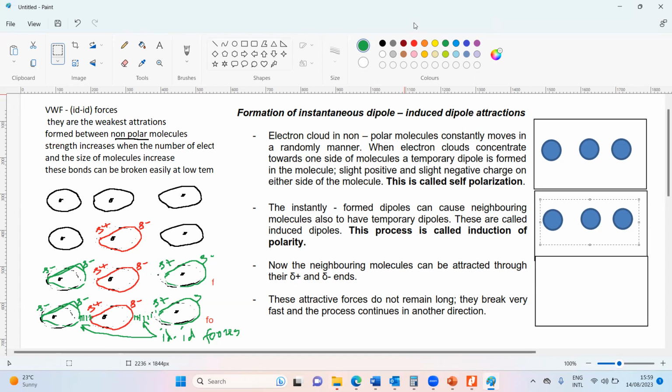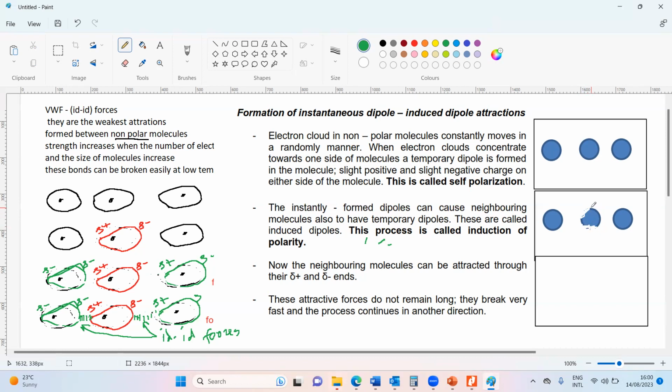The first diagram shows the particles coming closer. In the second one, you can see here, electron concentration decreases here, and here also.